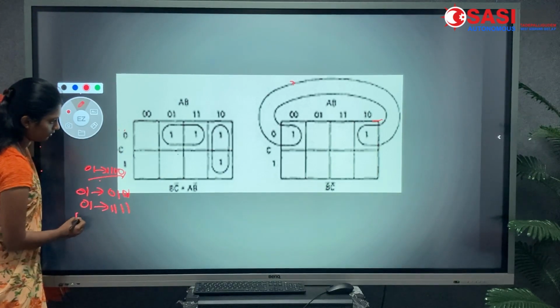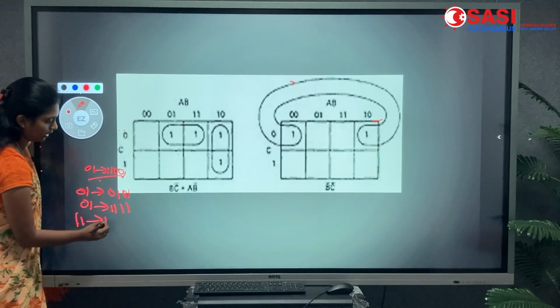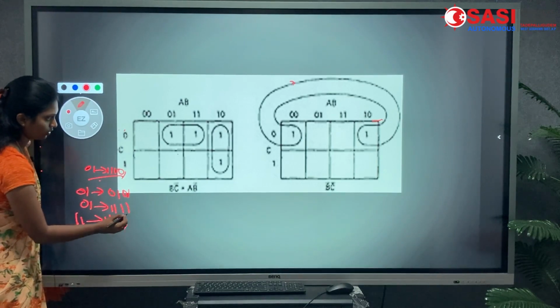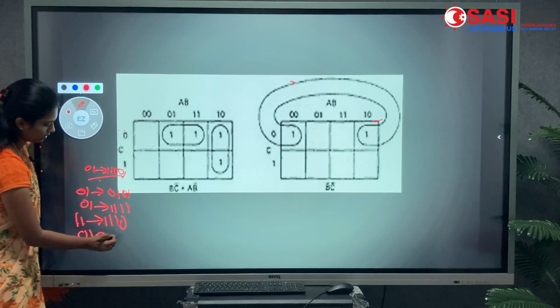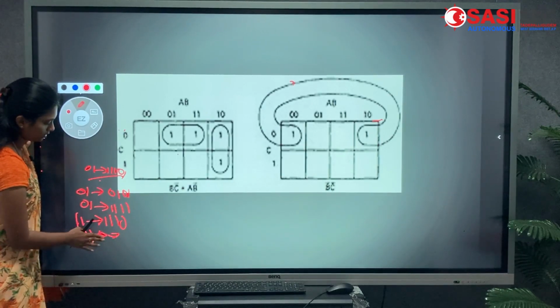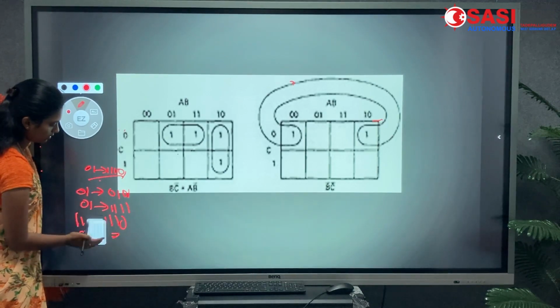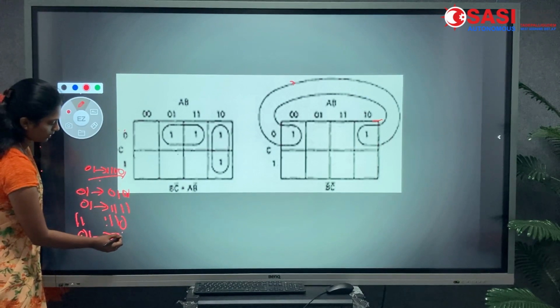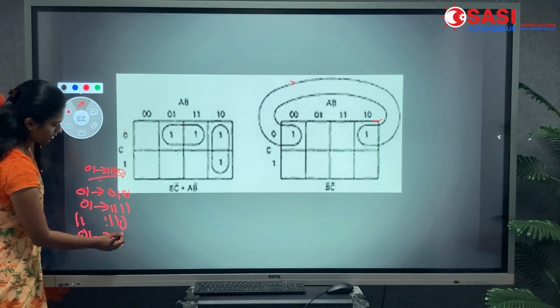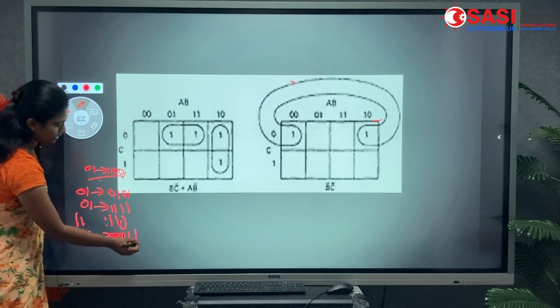Next, 1 1 indicates 1 1 1 0. Next, 0 1 indicates 1 0 1 1 0.